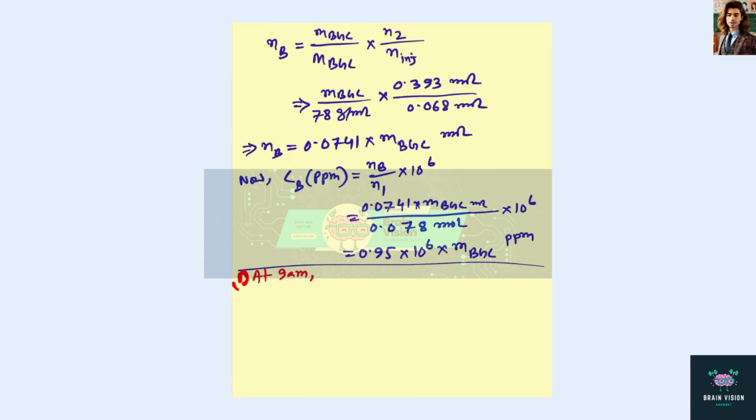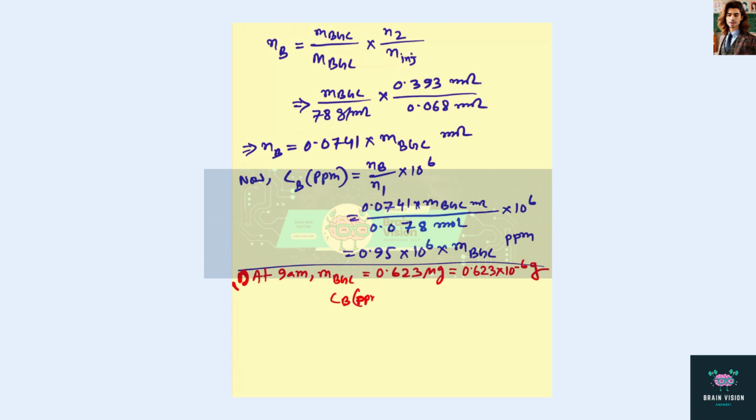Now, the concentration of benzene at 9 a.m. The mass given here at 9 a.m. is 0.623 microgram, which is 0.623 multiplied by 10 to the power minus 3 gram.